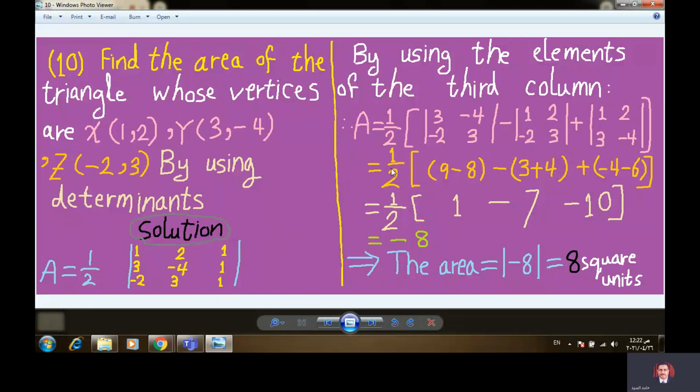All of this equals half times (9 minus 8) minus (3 plus 4) plus (negative 4 minus 6). This equals half times (1 minus 7 minus 10), which equals negative 8. It implies the area equals the modulus of negative 8, or the absolute value of negative 8, which equals 8 square units.